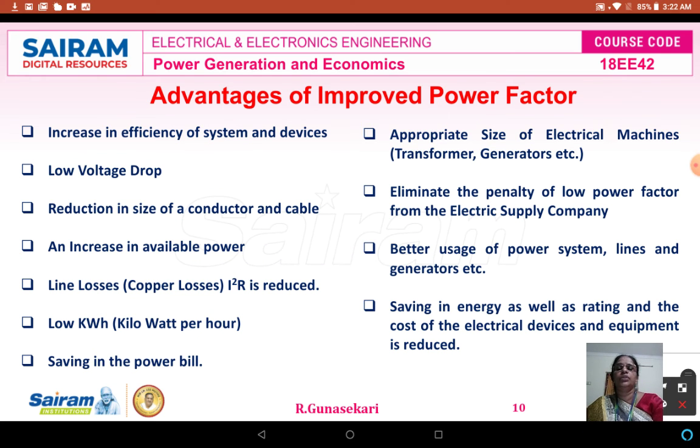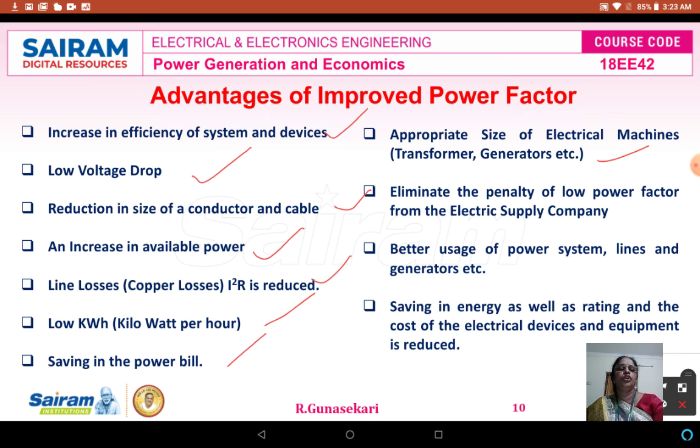Then we studied the advantages of improved power factor. The first one is increase in efficiency of system and devices, low voltage drop, reduction in size of conductor and cable, increase in available power, the copper losses or line losses I squared R reduced, low kilowatt-hour, saving in power bill, and the size of the electrical machines, that is transformers, generators, everything, is appropriate.